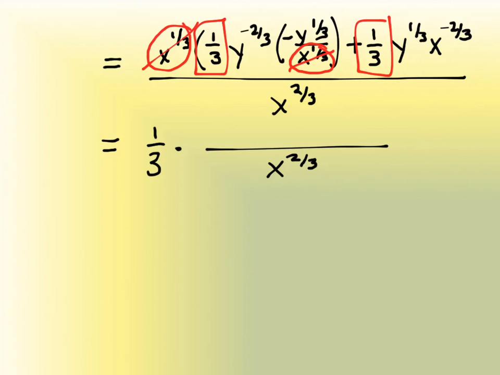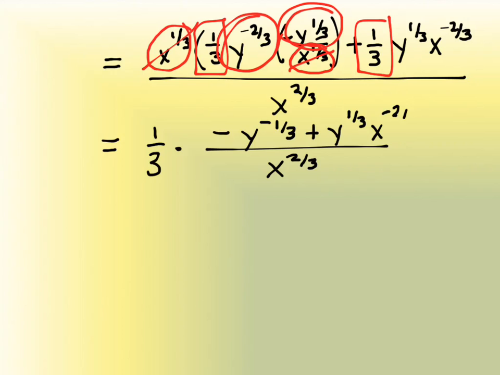What does that leave me with? Well, I have y to the negative 2/3 and y to the 1/3, and it's negative. What is negative 2/3 plus 1/3? Negative 1/3. Very good. And then left over on the other side, I have a y to the 1/3 and x to the negative 2/3.